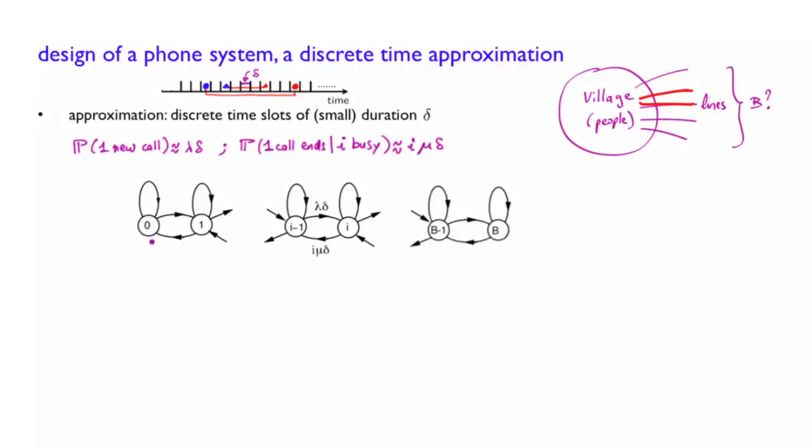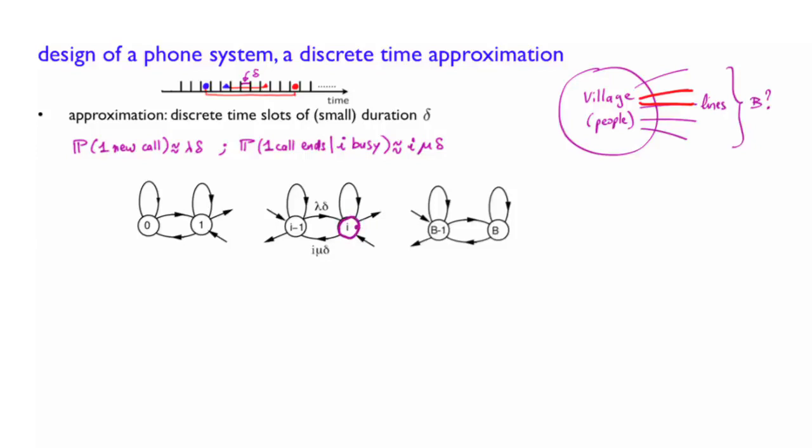0 corresponds to a state in which all the phone lines are free, no one is talking. B corresponds to a case where all the phone lines are busy, and then you've got states in between. Now let us look at the transition probabilities. Suppose that right now you are in that state. What can happen next?